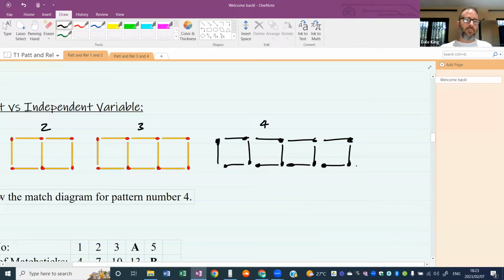All right, there we go. On the screen is pattern number 4. You guys should all have it. Thumbs up if you do. Well done, got it, good, well done, guys. Quite easy to do.